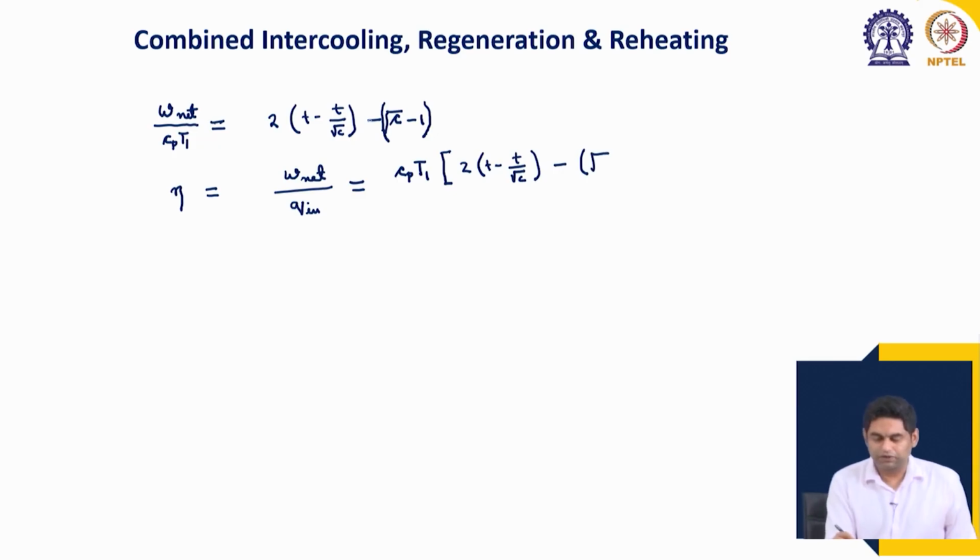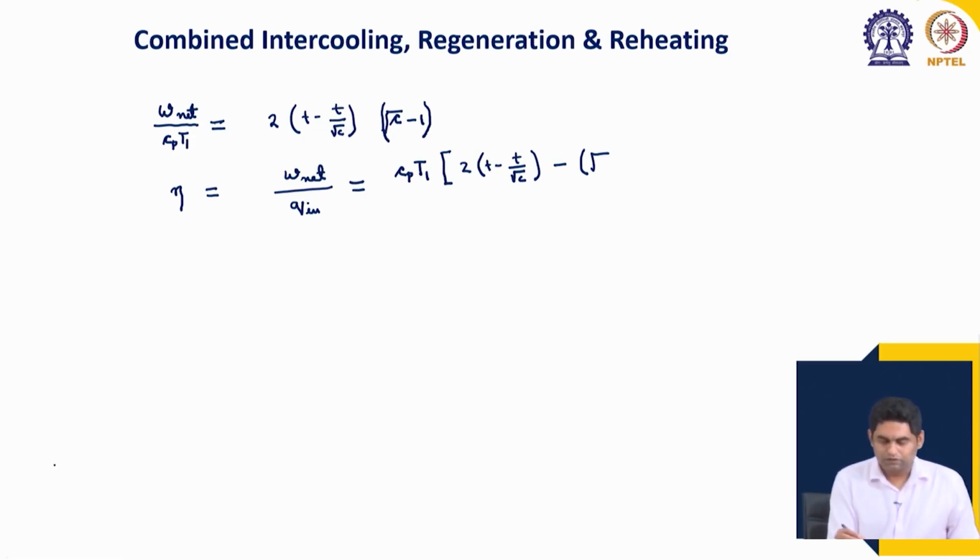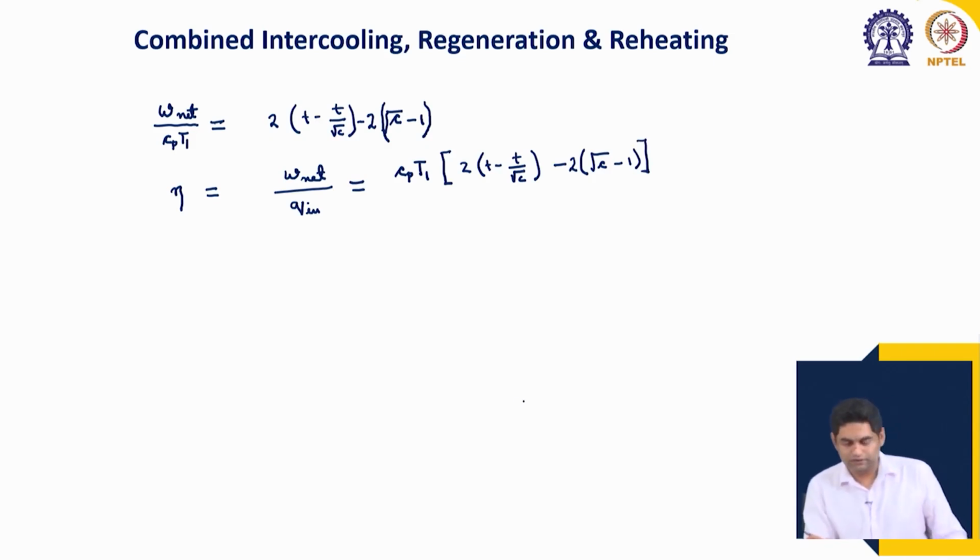So, there will be a 2 here which I have missed. Later you can compare with that of the reheat. So, it should be the same, okay, if there are no errors.